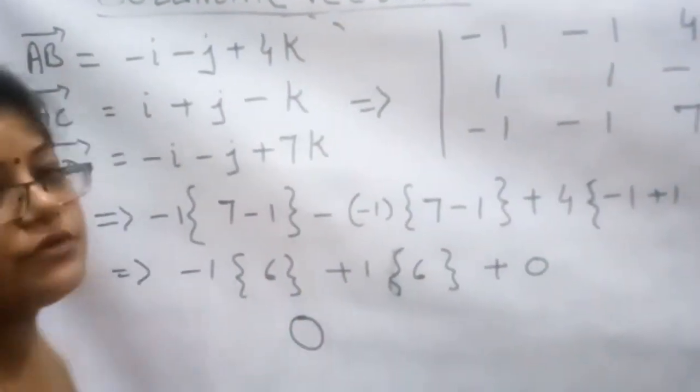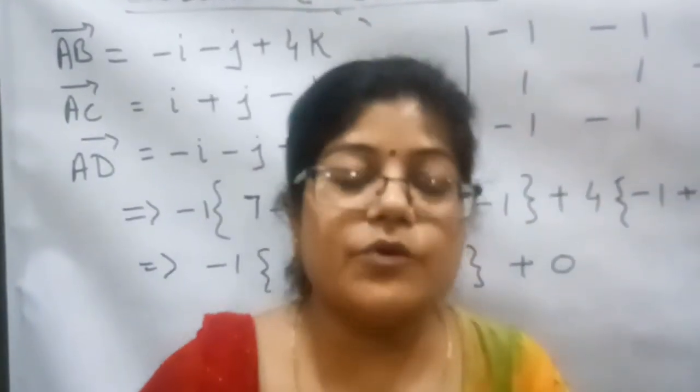Ultimately we got the answer 0. That means all four vectors are coplanar to each other.